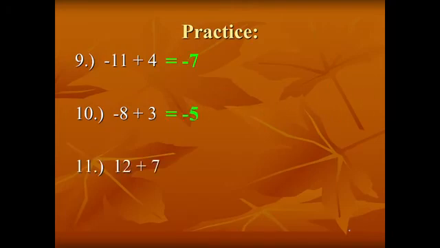Okay? Number 11. 12 plus 7. The easiest one. 12 plus 7 is how much? 19. What about number 12? 19 plus negative 7. Are you going to subtract them or add them?